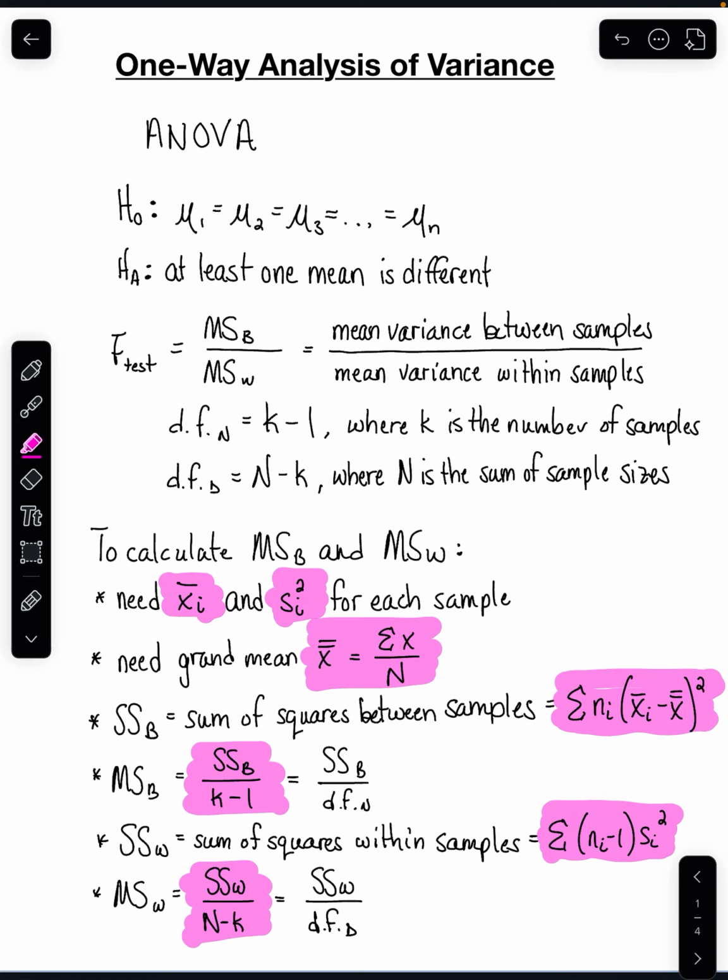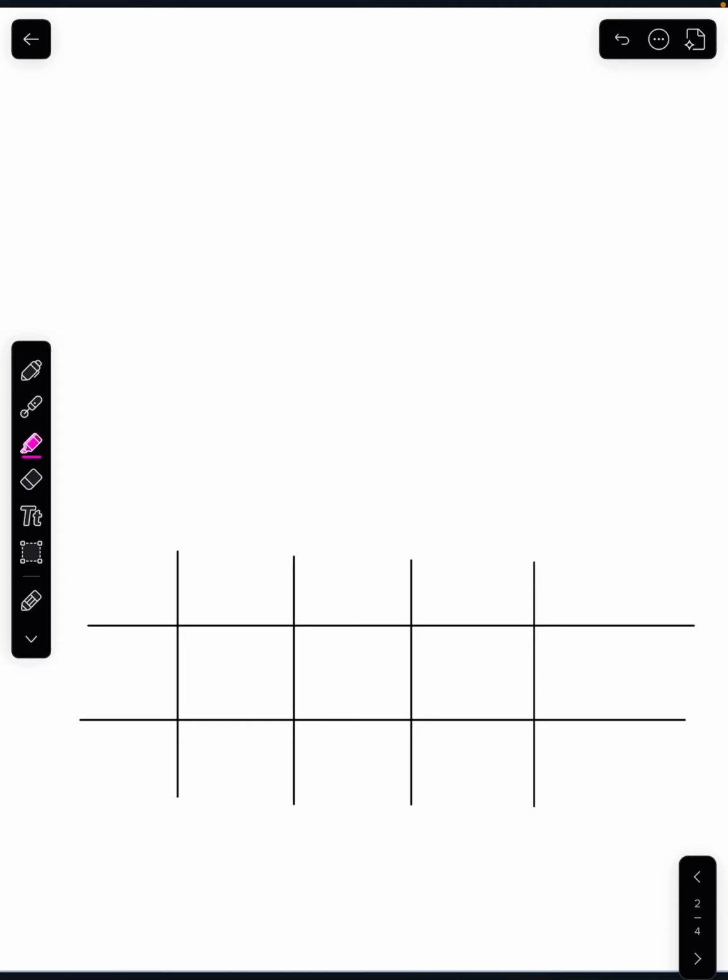The last thing we might talk about here before getting into an example is that once we have all of these things, we often assemble them into a summary table where we have the variation between samples and the variation within each sample.